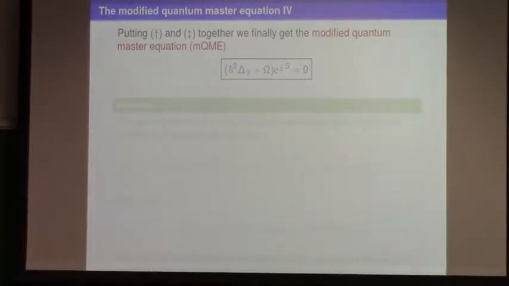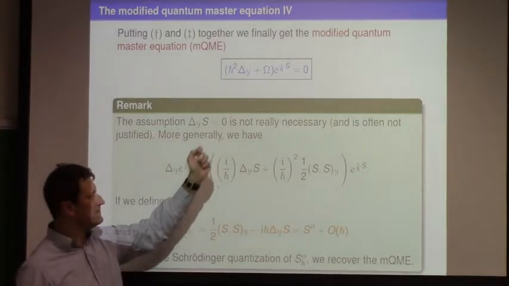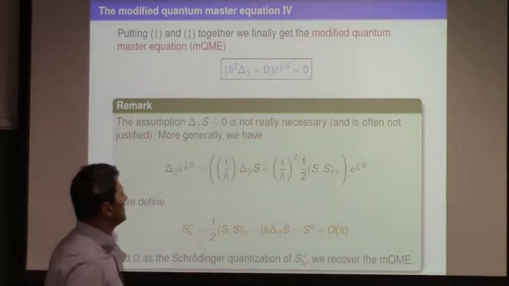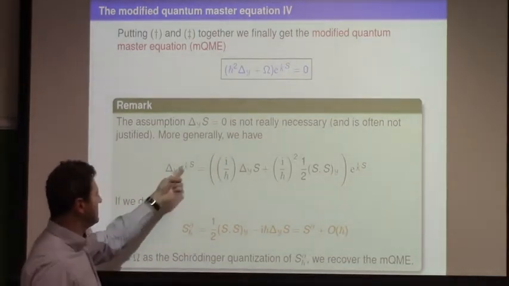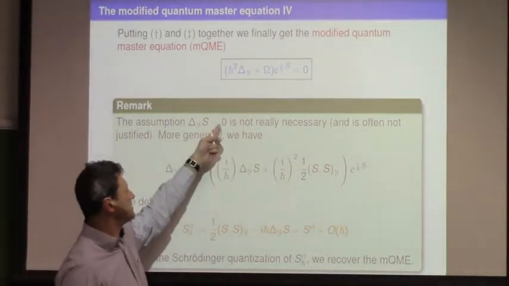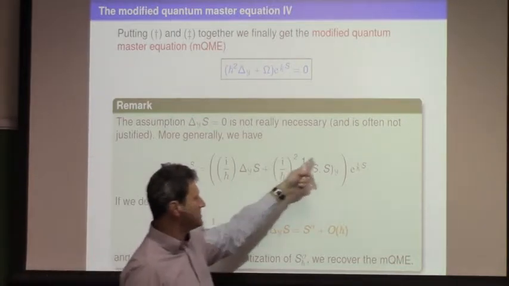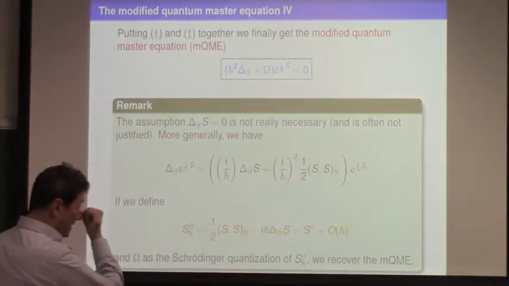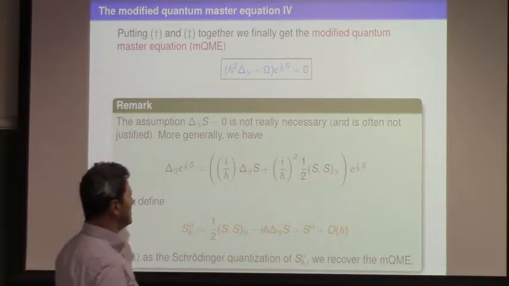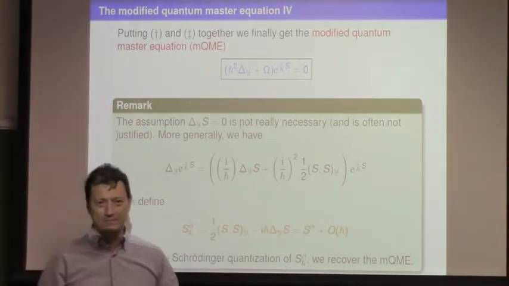Now one remark: I made the assumption that delta y of S was 0. Actually, this is not really necessary. Otherwise, when I compute delta y of the exponential, if I do not assume delta y of S to be 0, I also have this additional term. So this is the complete equation. Now, this equation should be satisfied on the boundary.